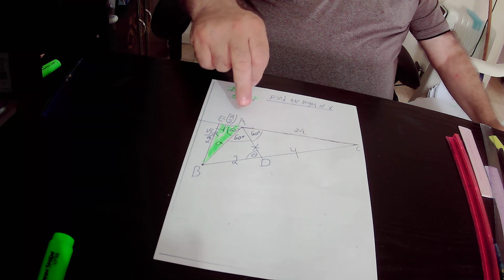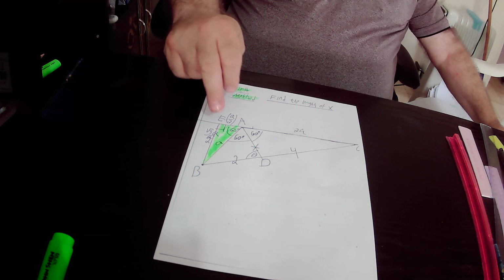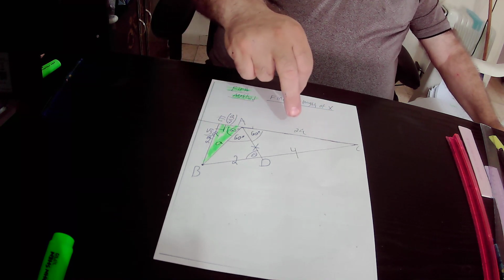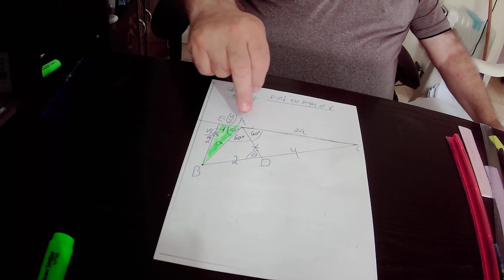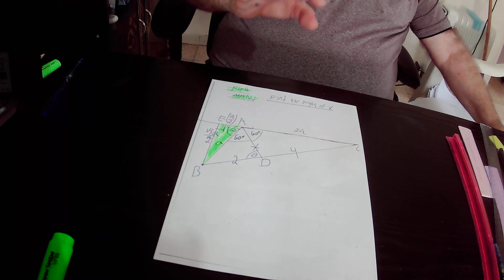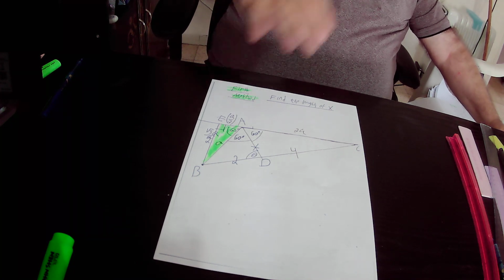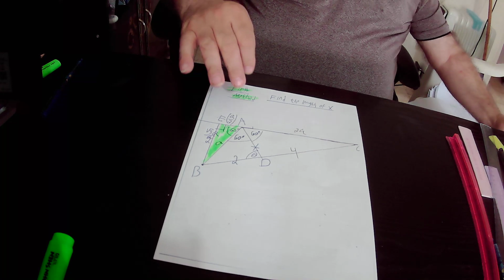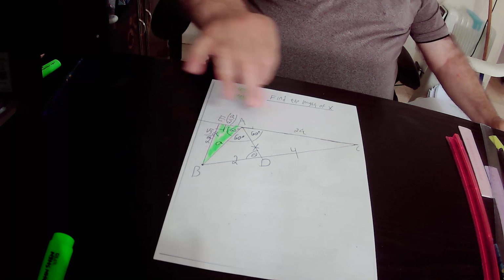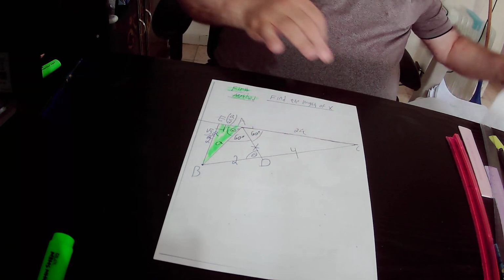Why is AD the angle bisector? Because it divides angle BAC into 2 halves. Angle BAC equals 120 degrees, and the angle bisector AD divides it into 2 halves, each half equal to 60 degrees. That is the reason we can implement the angle bisector theorem in triangle ABC, and we get AB over AC equals BD over DC.